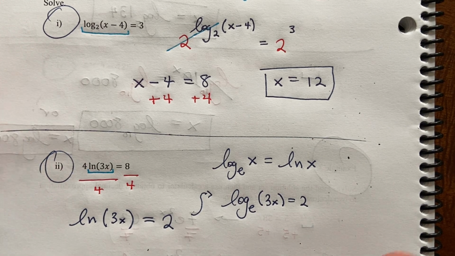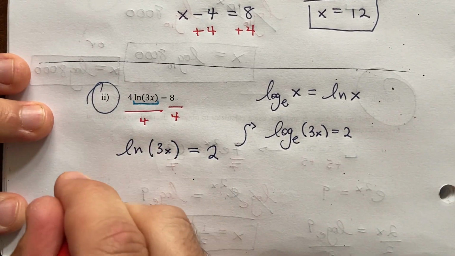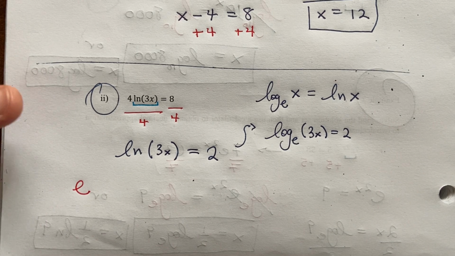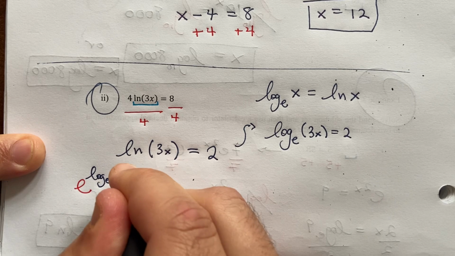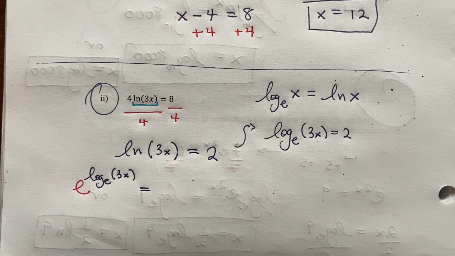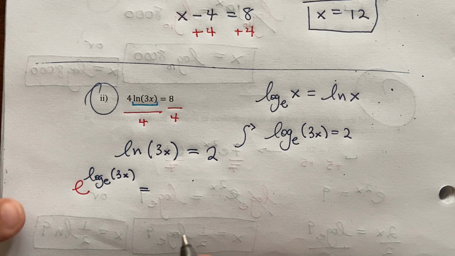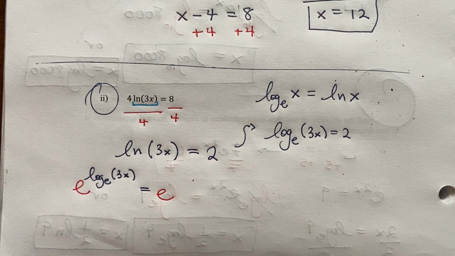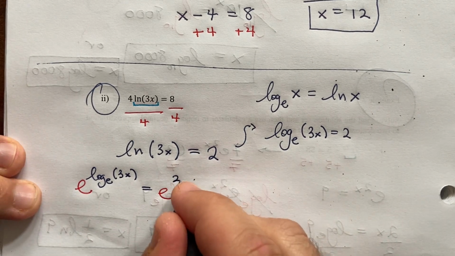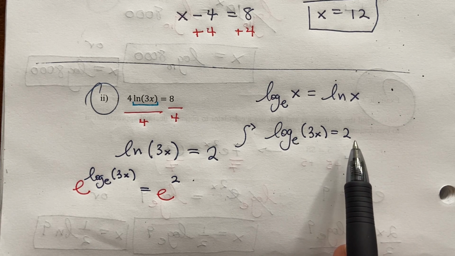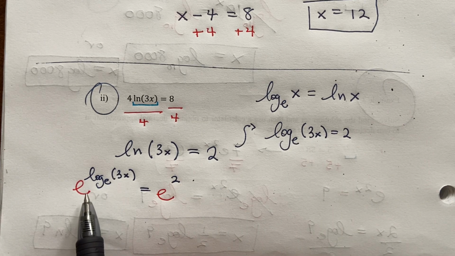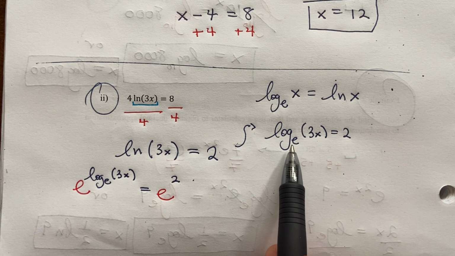So I will go ahead and write e to the left-hand side equals e raised to the right-hand side. Right, so I basically make both sides of the equation powers on the base that was involved in the original equation.